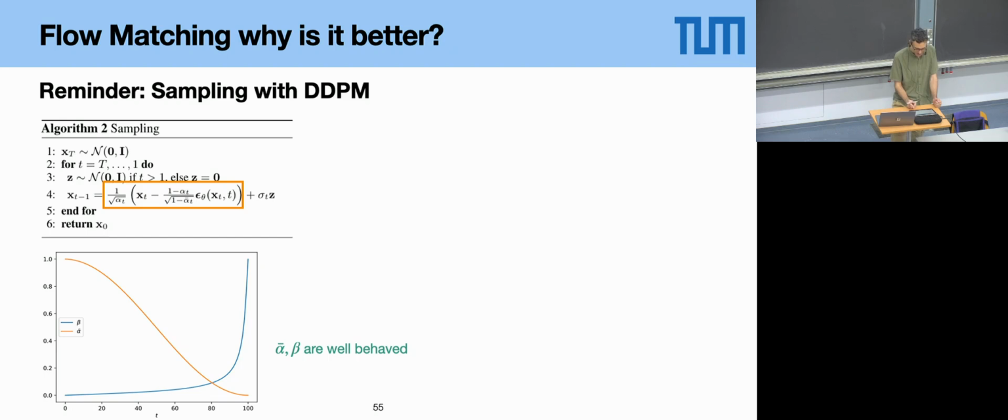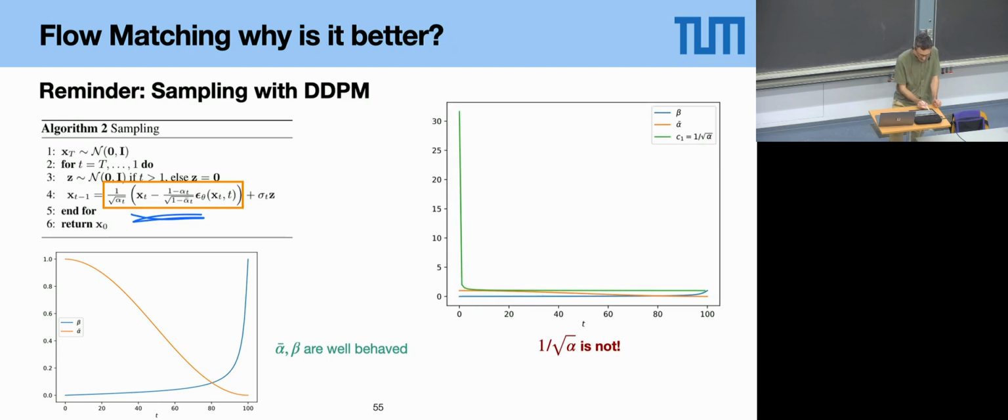Now, what's interesting is if you look at how they're used in DDPM, if you plot the factor here, the 1 over square root alpha, right here it's really not an alpha bar, but the alpha directly, so 1 minus beta, then unfortunately it's 1 over something.